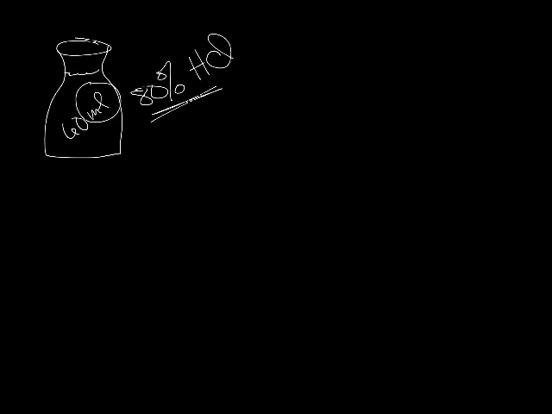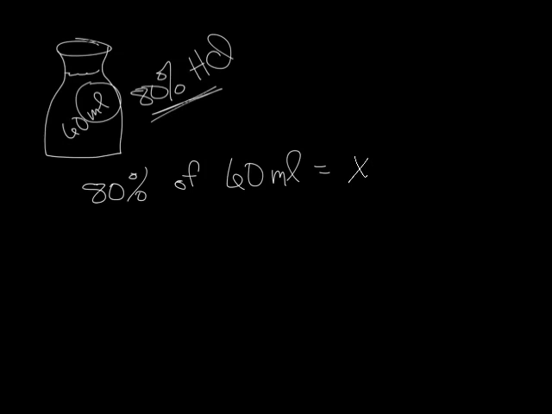So I can say 40 milliliters out of the 60 is hydrochloric acid, etc. So if the bottle is marked 80% hydrochloric acid, that means 80% of the 60 milliliters is hydrochloric acid, which means that this is what I'm looking for.